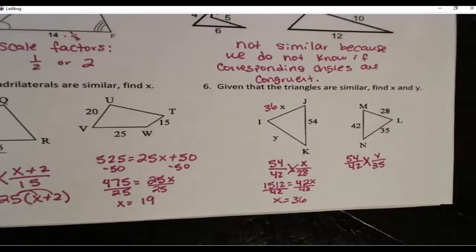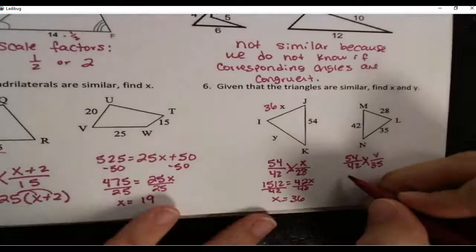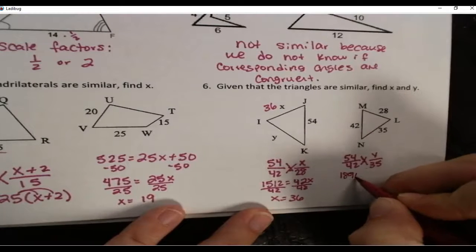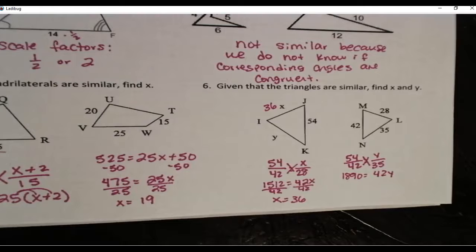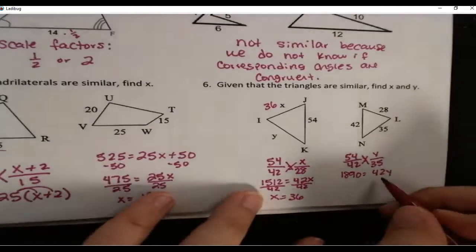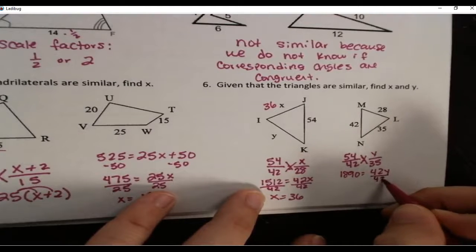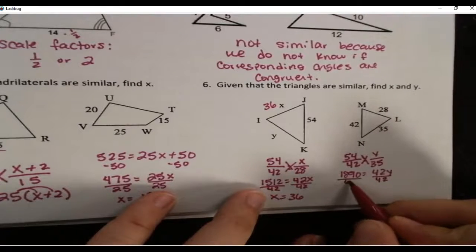So 54 times 35 is 1890 equals 42y. And then my last step, we divide and we get what? Good.